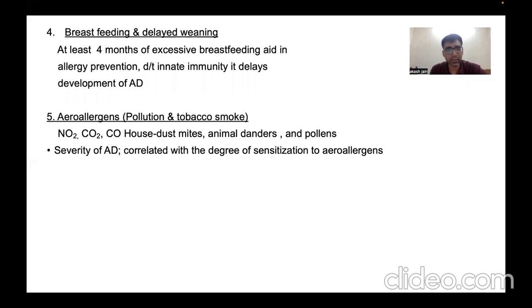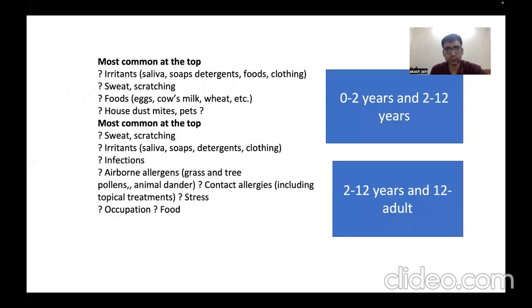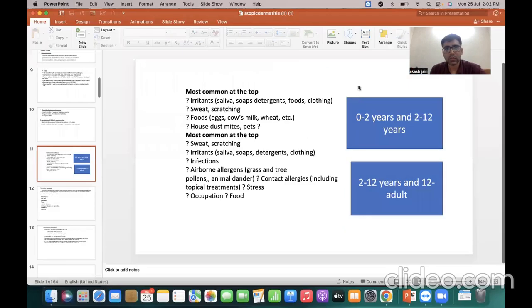These all will aggravate atopic dermatitis. And severity of atopic dermatitis is correlated with the degree of sensitization to allergens. So these were all the environmental factors which aggravate atopic dermatitis.